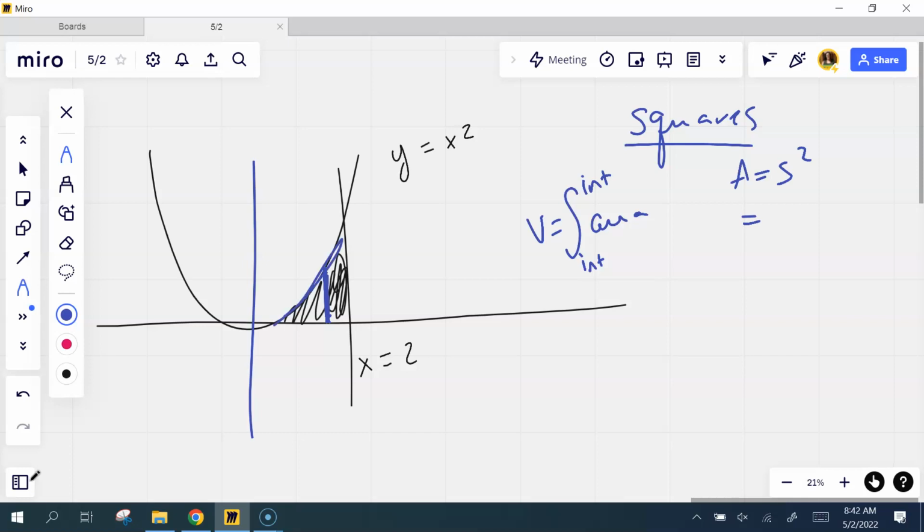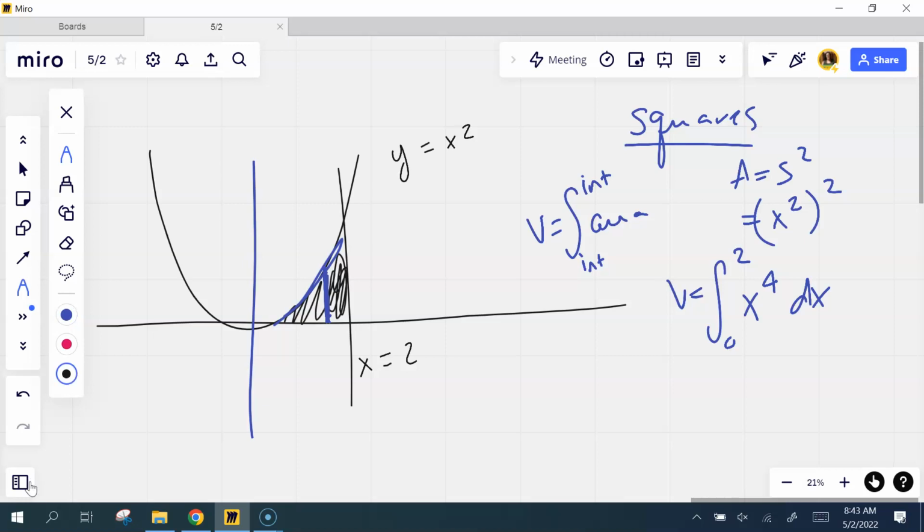What's that length there? x squared. So square it to find the area. Yes. So the volume would be, still going from 0 to 2, the integral of x to the 4th.